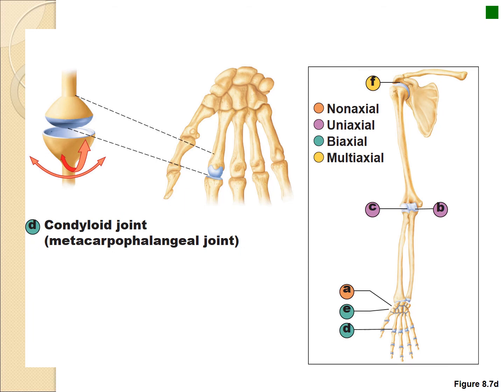And then there's a condyloid. The condyloid allows almost a biaxial rocking movement rather than gliding. And this is very typical of your finger joints. Some of them are braced to allow only a uniaxial position, but just close your fingers, open your fingers.